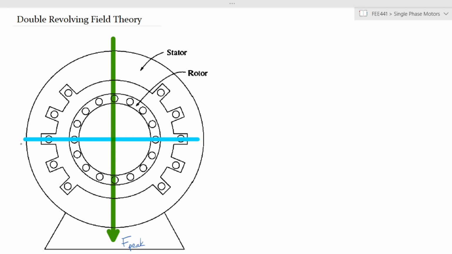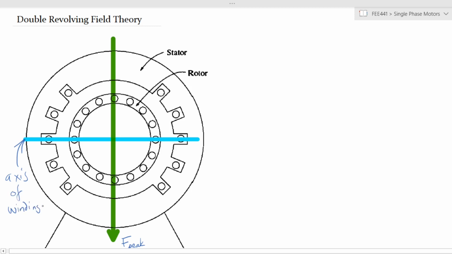Now, if we take this to be the axis of the windings, the windings within the stator, right? Assuming that we have our currents flowing in the directions that are shown. In this particular instance, we have the axis of the windings in that direction and the resultant magnetic field in that direction.